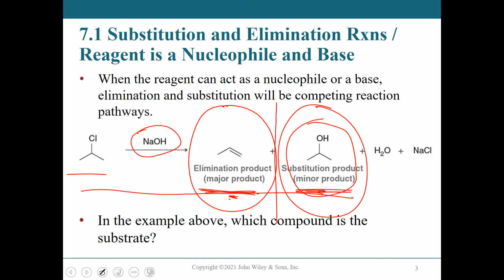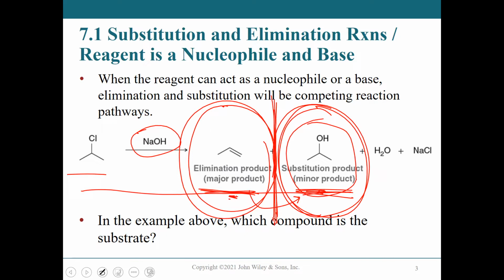Right now, in 7A, we're only studying substitution reactions. Therefore, I'm only expecting you to give me the substitution products. In chapter 7B, I will ask you for elimination products. Do I have to consider substitution products when I do elimination? No, only elimination products.